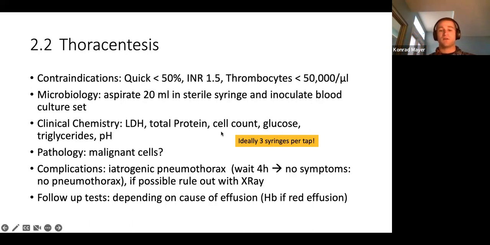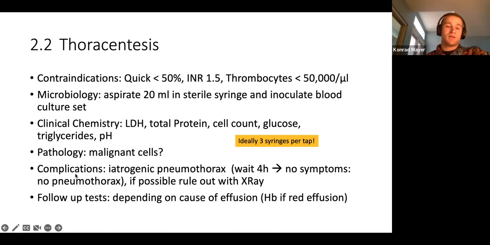I also want to figure out cell count, which is important, for example, with TB, because in TB, I want to have a differential cell count so that I can distinguish a lymphocytosis from a normal leukocytosis, glucose, pH, triglycerides. So 1 tube to microbiology for the bacteria, 1 to clinical chemistry, and the last one to the pathology to see if there are malignant cells in there, for example, with lung cancer.